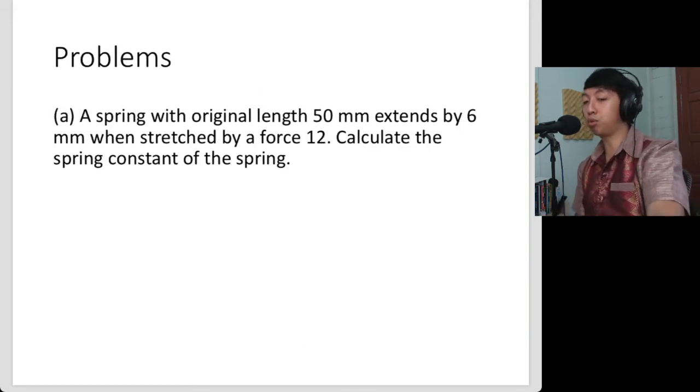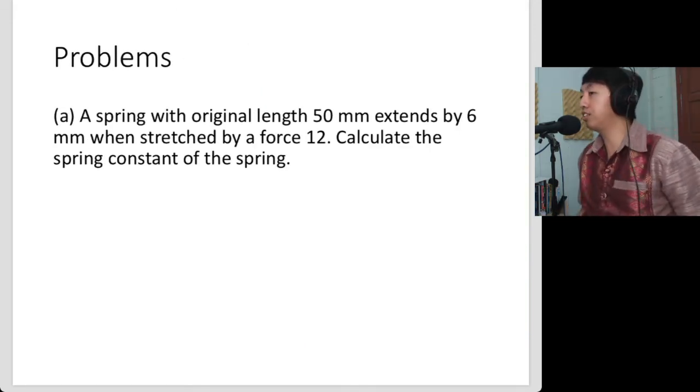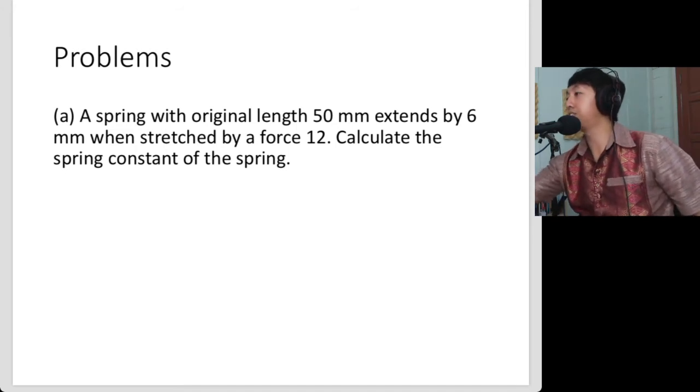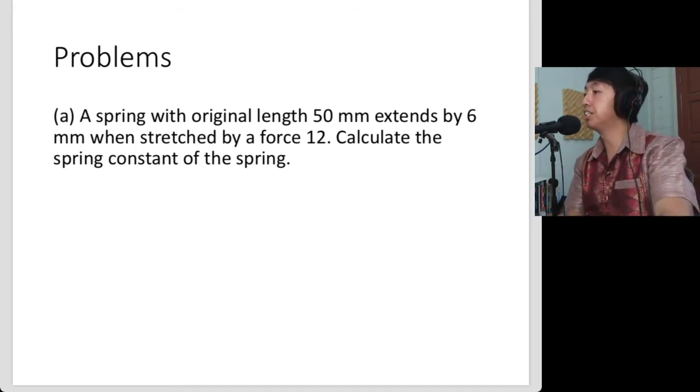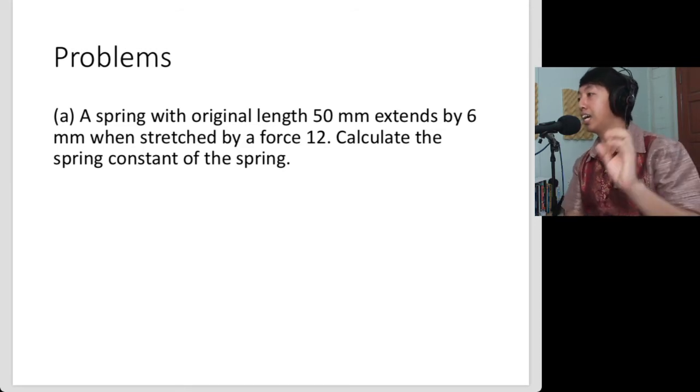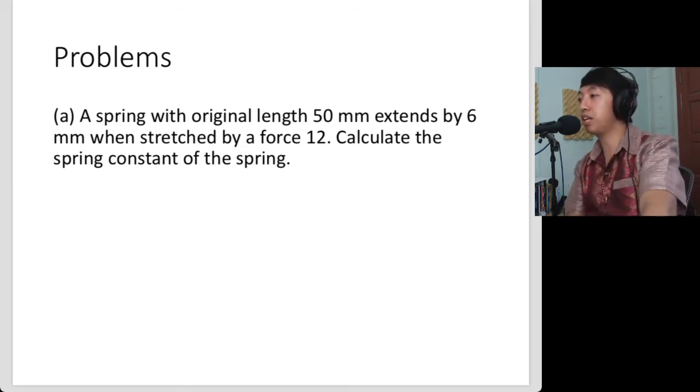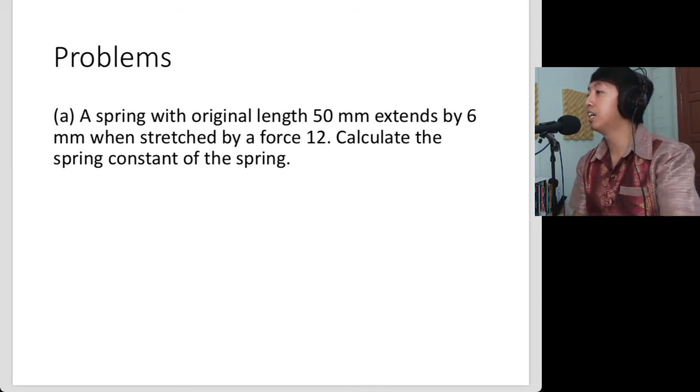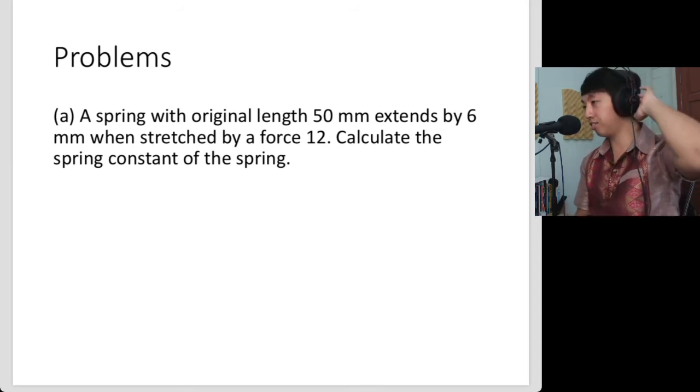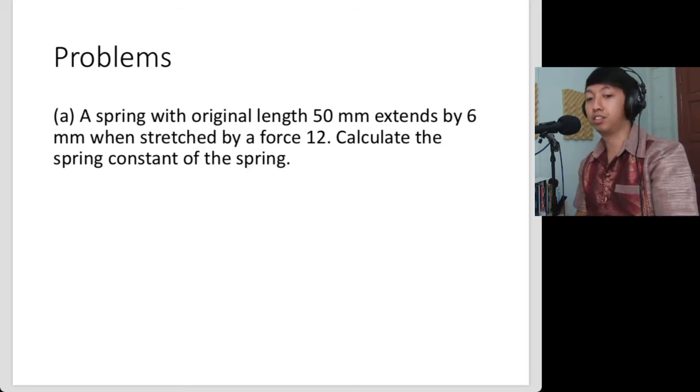So in your textbooks, let's go ahead and solve these questions. Question number 1. A spring with original length 50 millimeters extends by 6 millimeter when stretched by a force of 12 newtons. Calculate the spring constant of the spring.